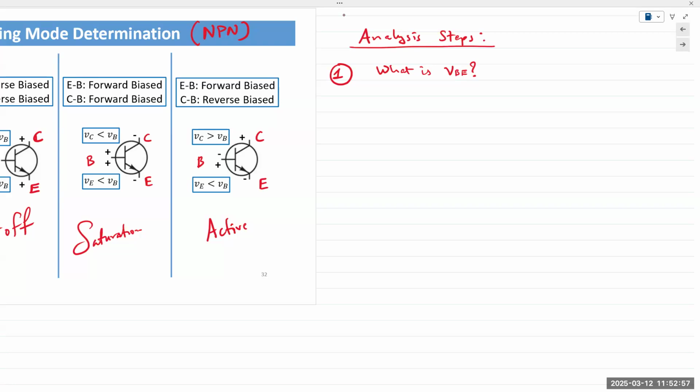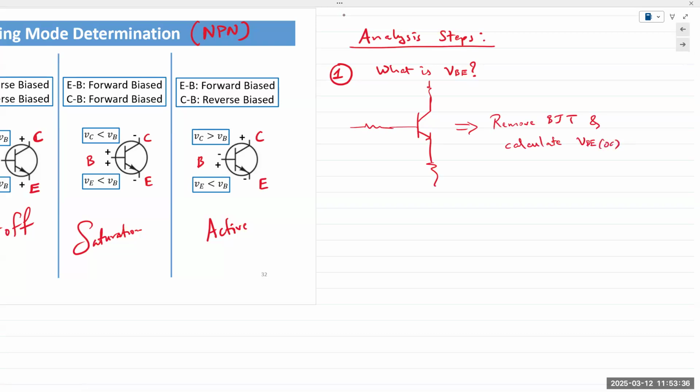One way to find VBE, if you have a circuit with resistors and some sort of biasing circuit, is to remove the BJT from the circuit and calculate the open circuit VBE.